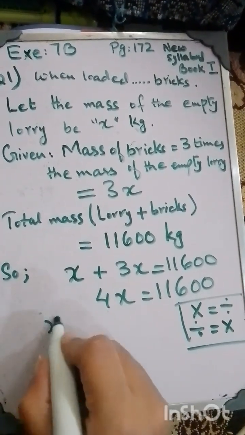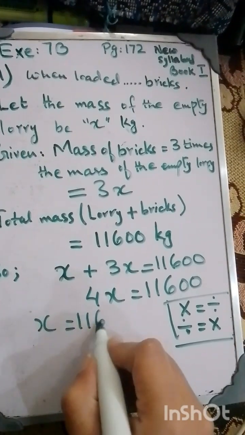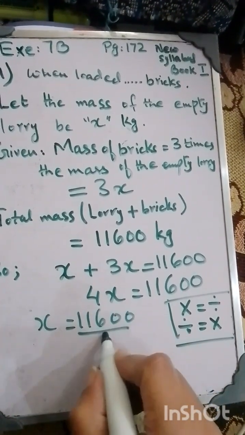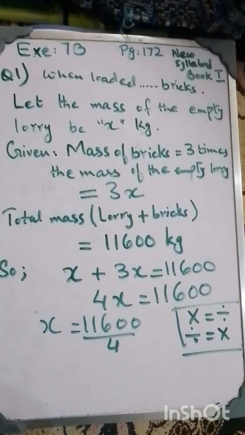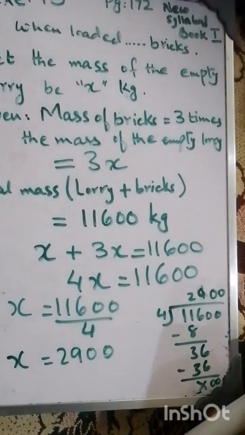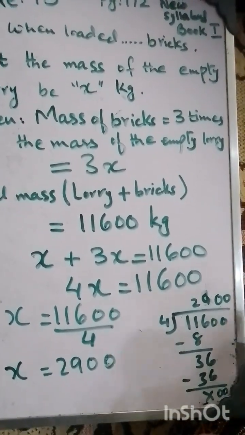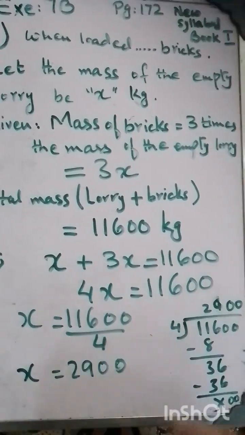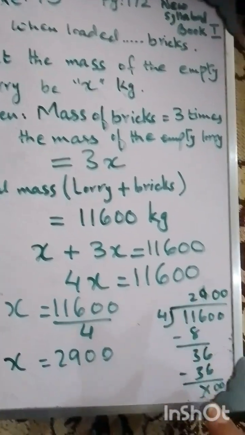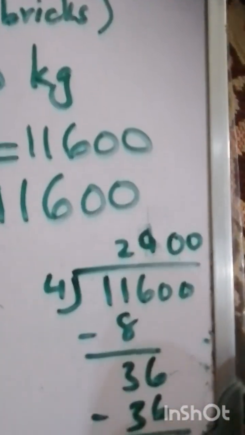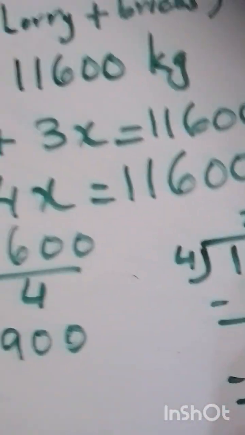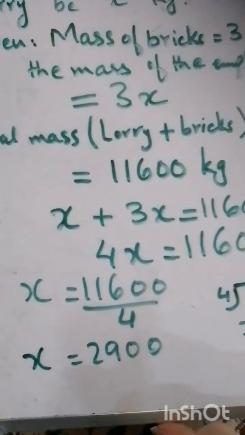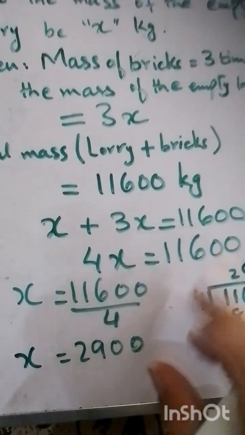So here 4x equals this, and you know that on one side it is multiplication, so on the other side it is division. So 4 times x will be in the denominator. 11,600 will be divided by 4. So we will get 2,900. Since the mass of bricks is 3 times x and the mass of the empty lorry is x, x we have achieved is 2,900.